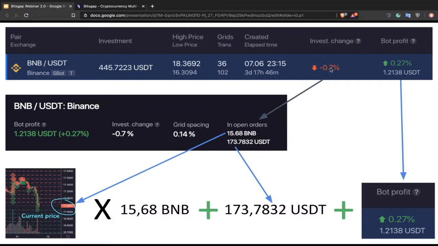And yes, of course, you will be in the negative zone, but with automation, your loss would be limited because the bot is trading for you regardless of the market direction, and it's going to use this profit to offset the negative value change. All right, let's move on.